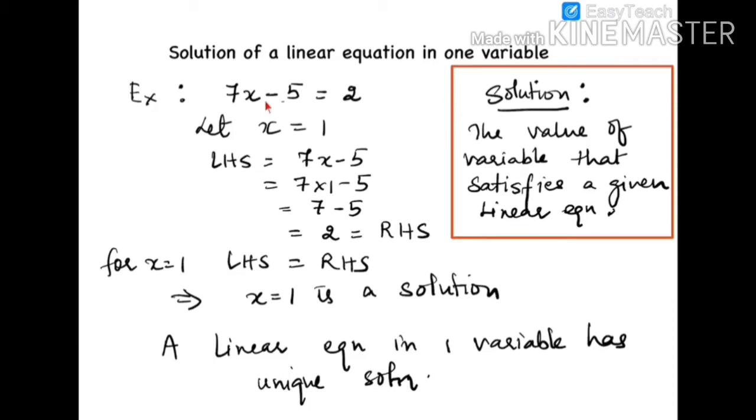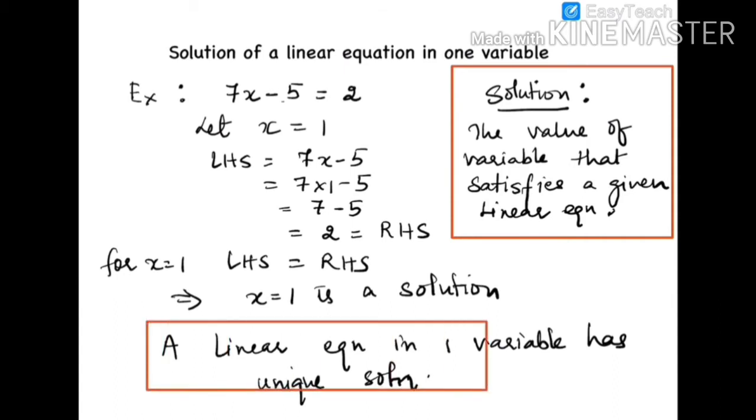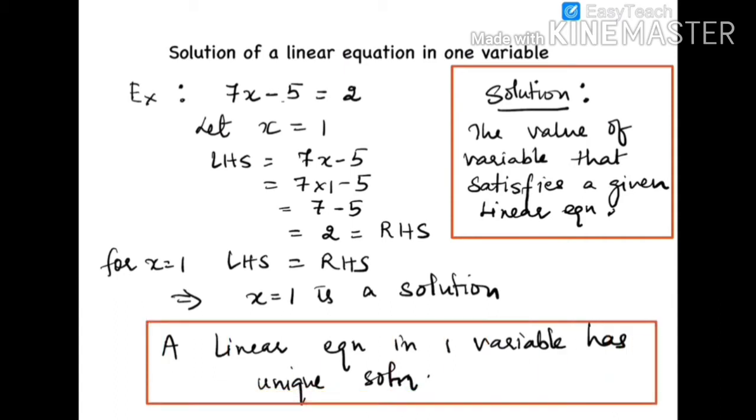In this example, there is only one variable, and therefore this linear equation will have only one solution which will be unique. The same definition of solution can be extended to linear equation in two variables.